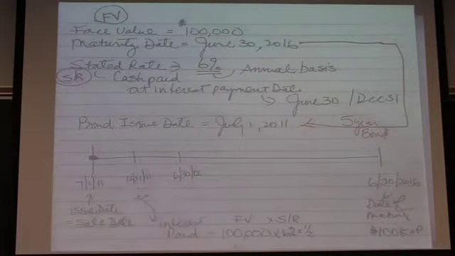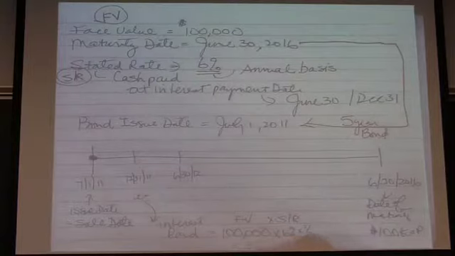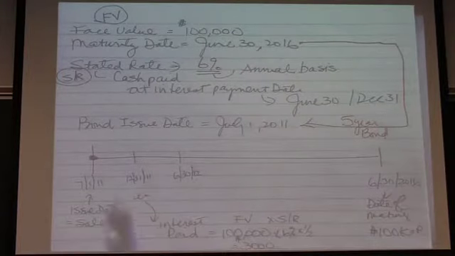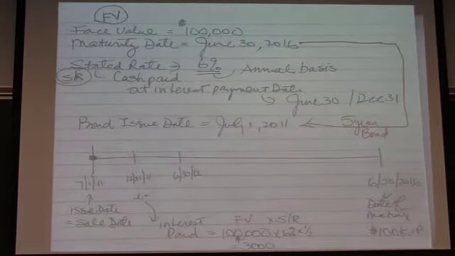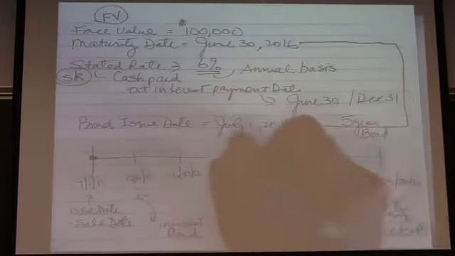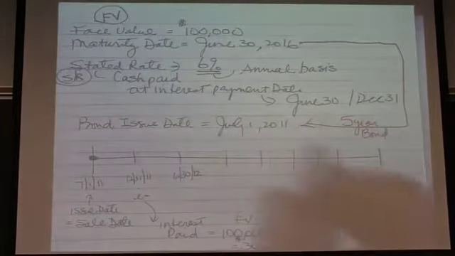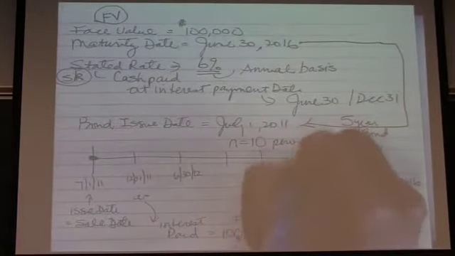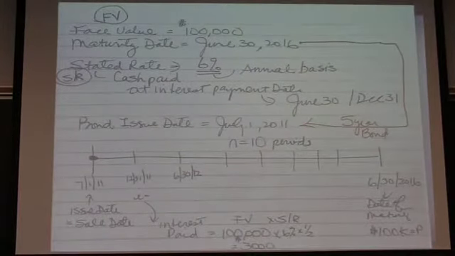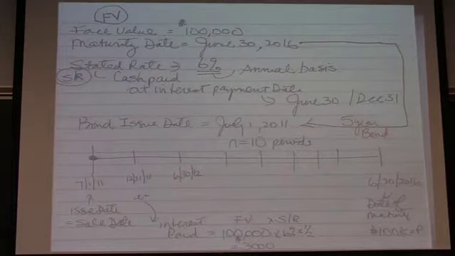Because it's every half year. So they're going to get $3,000. So I want you to imagine these are outflows every 6 months. And how many outflows of 3,000? Well, we're going to have 10 periods. So n equals 10 is really the periods in which we have to calculate the payment of 3,000.